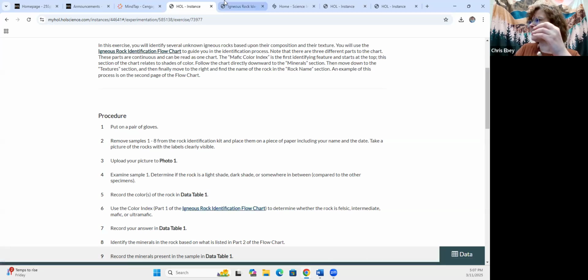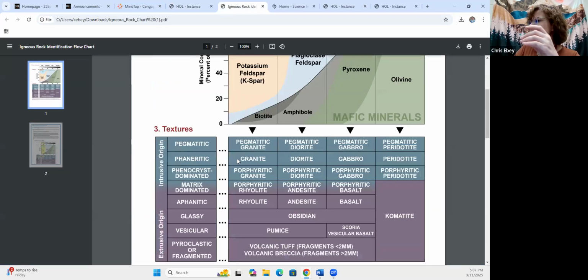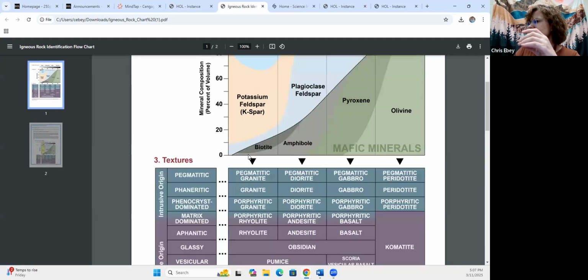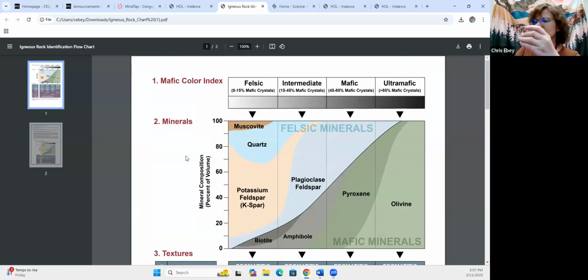Then you're going to use the igneous rock identification chart to determine if it is felsic or mafic or intermediate. Something that can be really helpful is, for this one, I would put this on the boundary between felsic and intermediate.